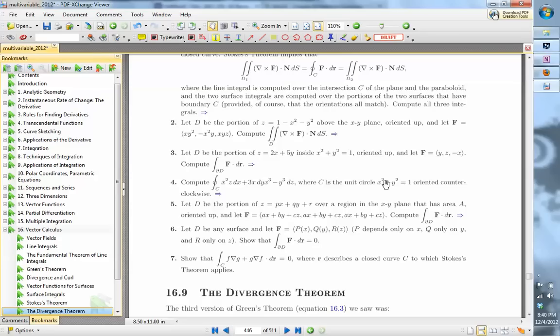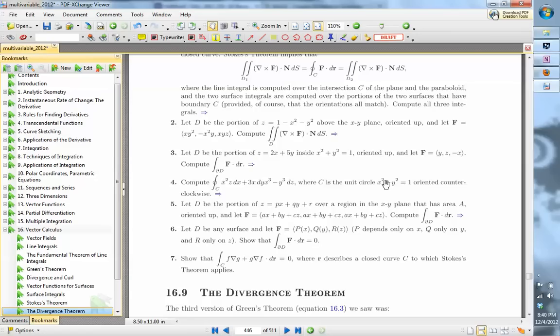Let's pretend that doing the surface integral is the right thing here. Remember with Stokes' theorem, you kind of have a choice. You can do the line integral or you can do the surface integral.